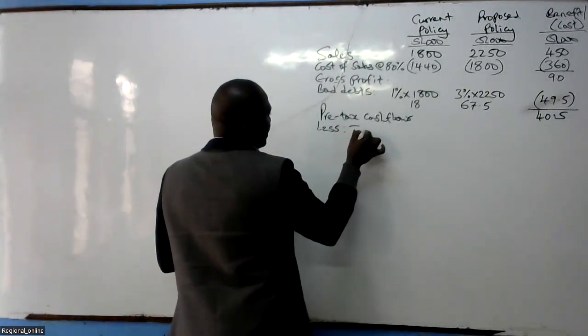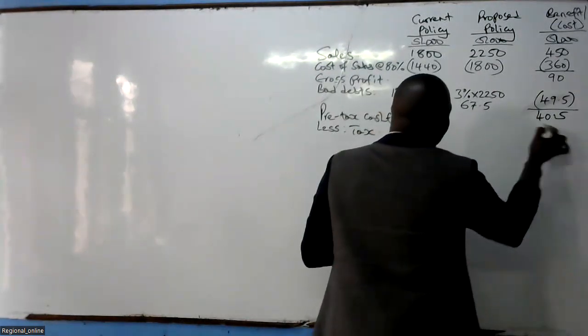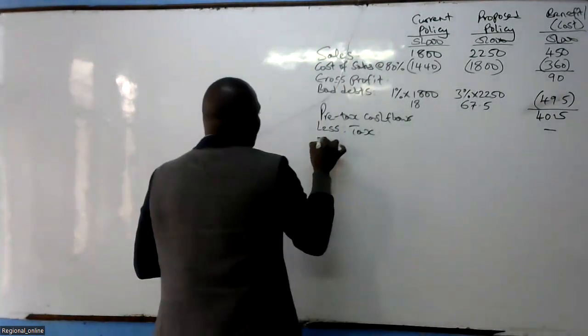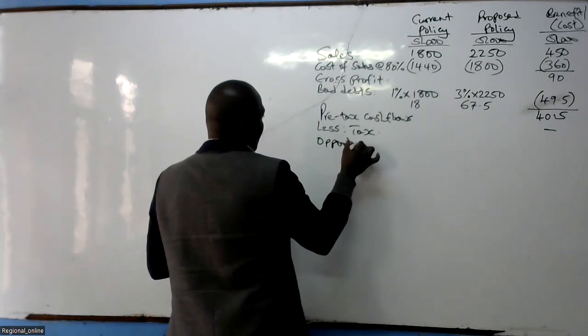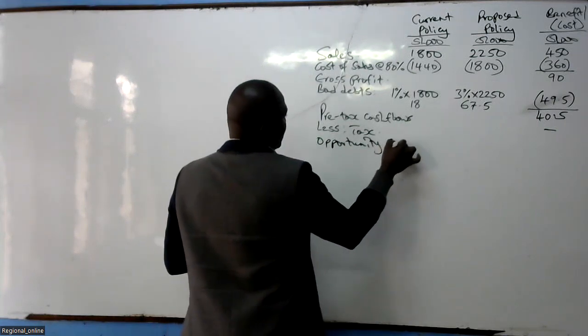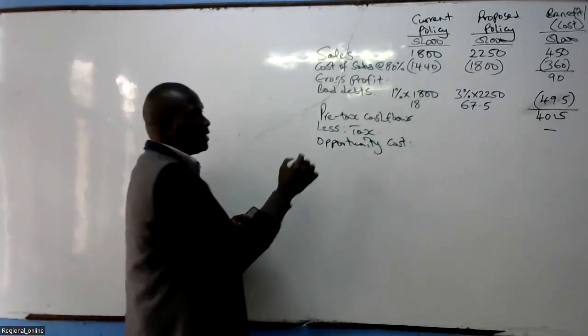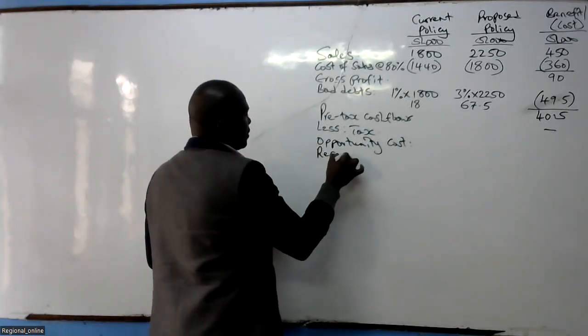Ideally, we are supposed to deduct tax. Do you have tax rates? We don't have the tax rates here. Then what do we add now? The opportunity cost. Current assets and current liabilities. Can I have it on receivables?